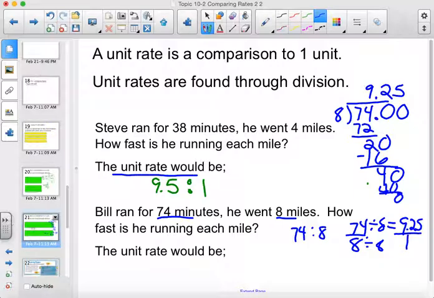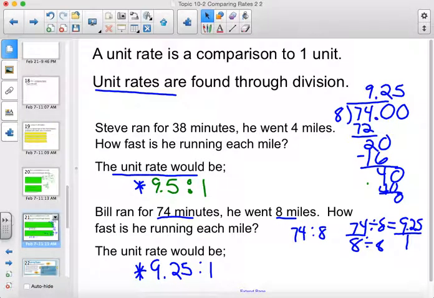Okay, so now what you could do is say who is running faster than who by comparing unit rates. So this is how you would find a unit rate. And once you're able to find unit rates, you can then compare them and ask yourself who is running faster and who is running slower.